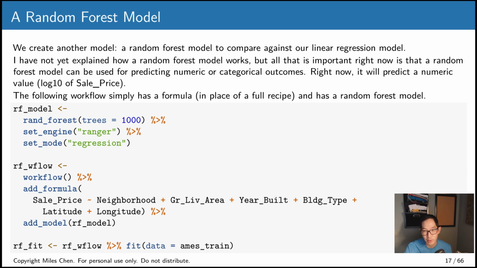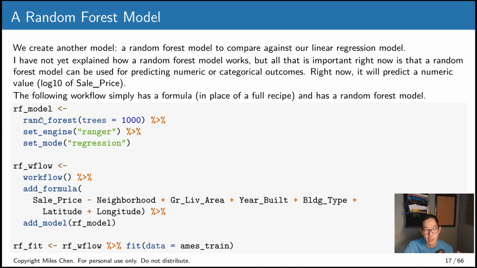All that's important right now is that we can use a random forest model to make numeric or categorical predictions. Right now we're going to have it make numeric predictions for the log of sale price. So we're just going to establish the model and the workflow, and that's what we have here.